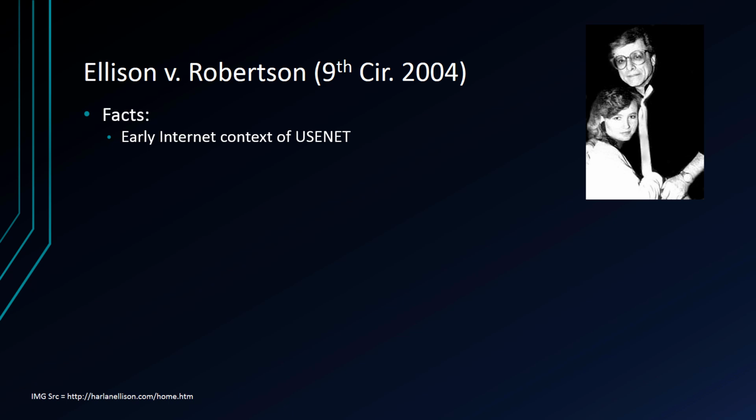And in one of these early Usenet groups, there's a user who is making digital copies of some of Ellison's work and distributing it in the form of an early type of ebook. So it's interesting to see that early context and really what the DMCA was first enacted to deal with.